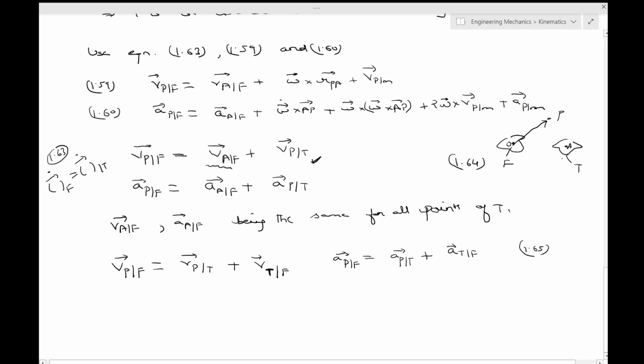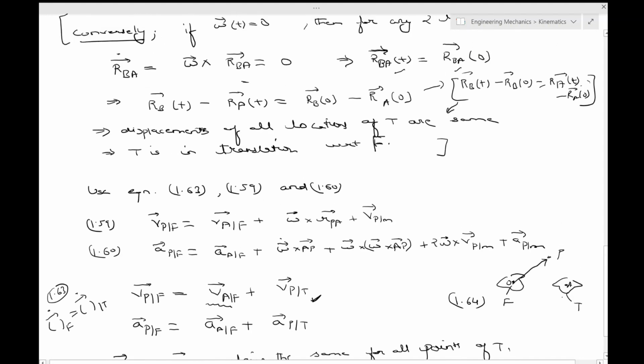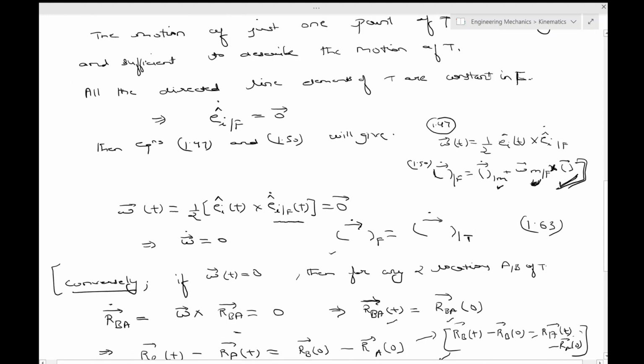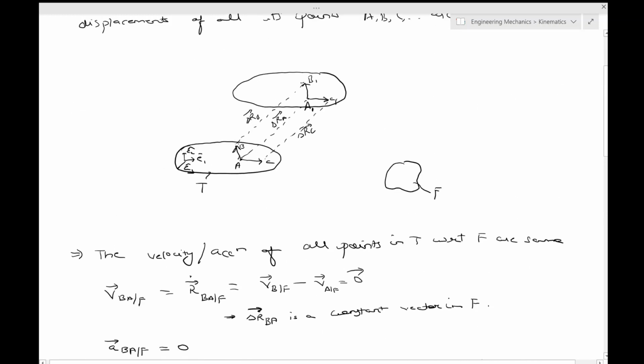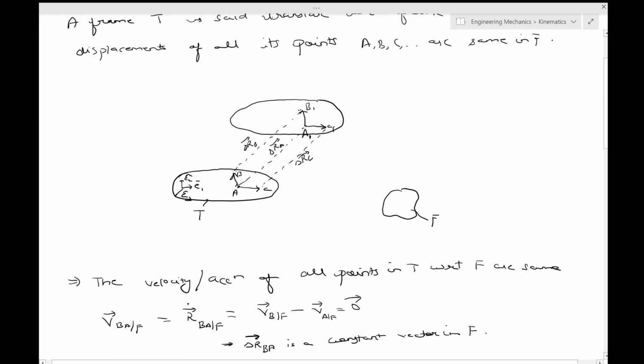Now let me just come back to this figure. So E1, E2, E3 will also remain the same, okay. We have already discussed why when we said about the directed, okay, all the directed line elements of T, that's where we meant this.